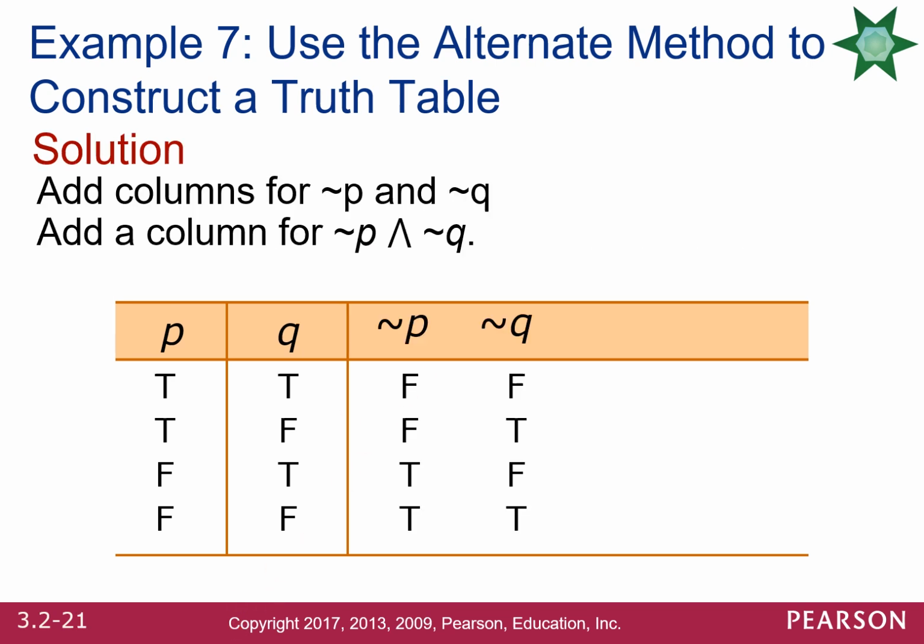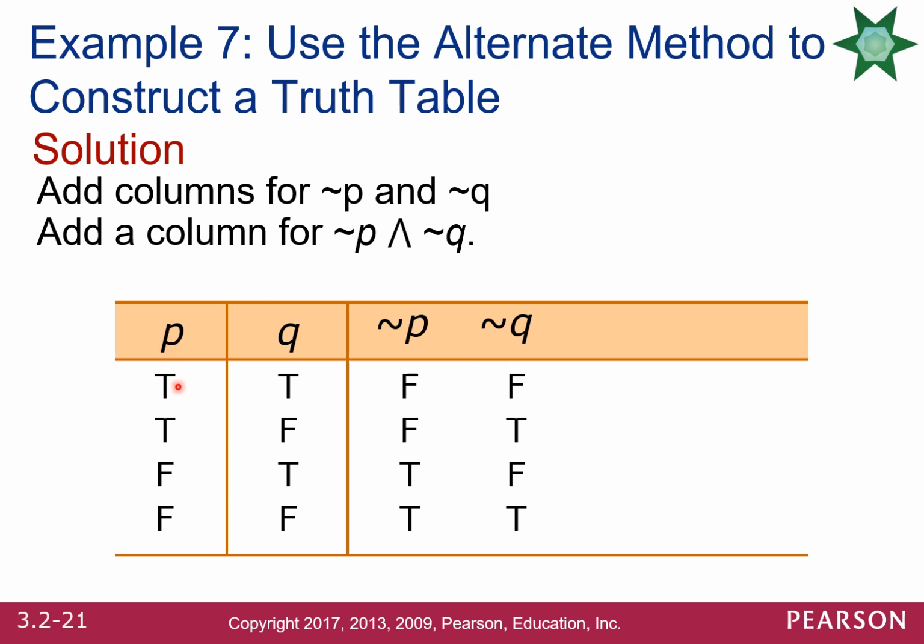All right. So now let's look at the third and the fourth columns. They do the same thing as what we did when we worked using the alternate method. They negated the P values, all right, and then all the Q values, right? So it says add columns for not P and not Q for the third and the fourth columns.